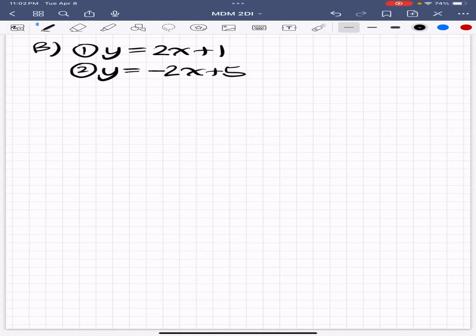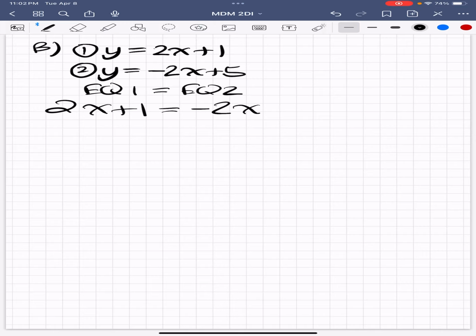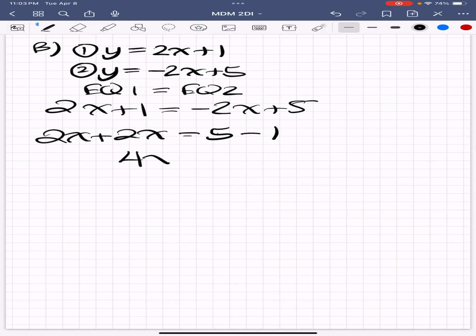So again, we will set each equation equal to each other. I will do equation 1 equals equation 2. So 2x plus 1 equals negative 2x plus 5. So 2x plus 2x, and then it's 5 minus 1. And then I have 4x equals 4.